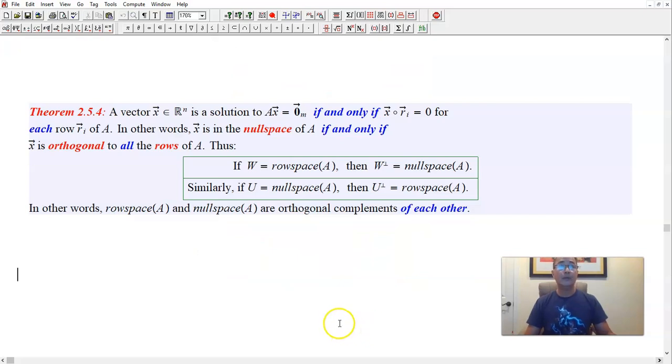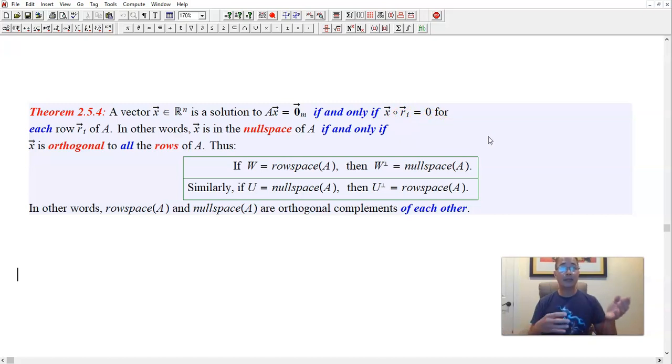So now we can use what we just did to go back to the 4 fundamental matrix spaces and see that there is a relationship between the row space of our matrix and the null space of our matrix. A vector x from Rn is a solution to Ax equals the zero vector if and only if x dotted with every row of our matrix is 0. Why is that?